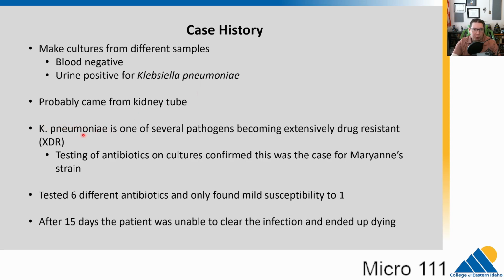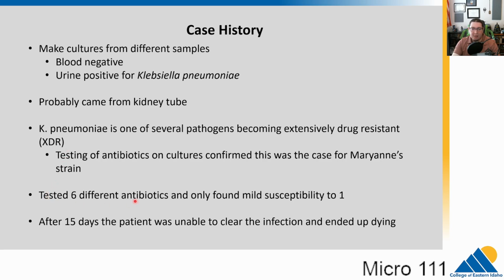Now, here's the problem. Klebsiella pneumonia is a very common hospital-acquired pathogen, and it has become often very drug resistant, or extensively drug resistant, XDR. So we're going to test different antibiotics on our culture, and we find that in this case, yes, she does have a drug resistant strain.